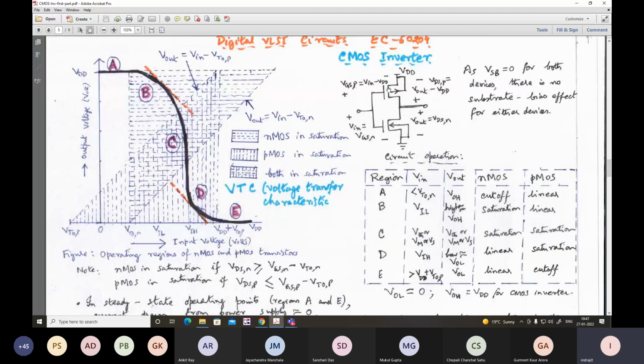Then you reach the region C, where both the transistors are in saturation. Typical input and output points will be the inverter threshold voltage.